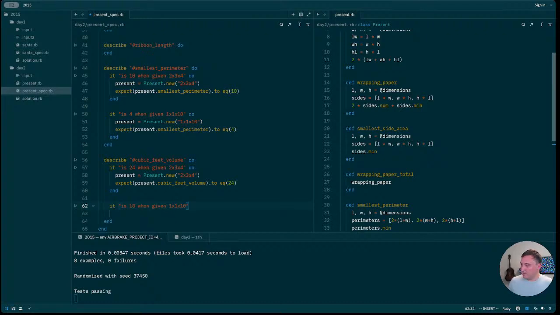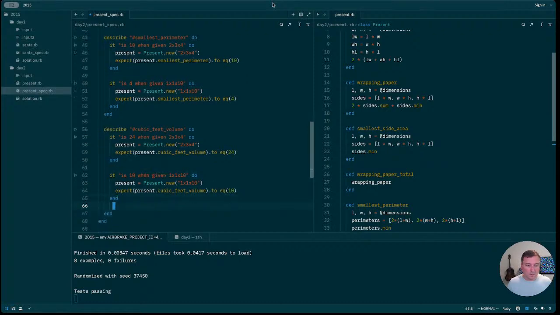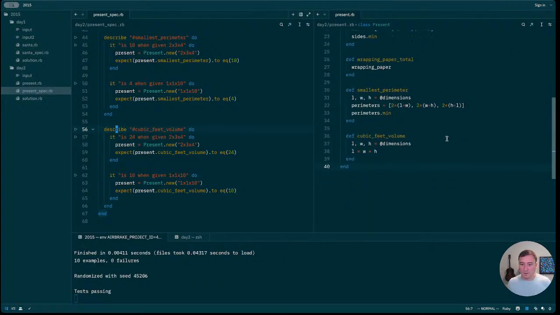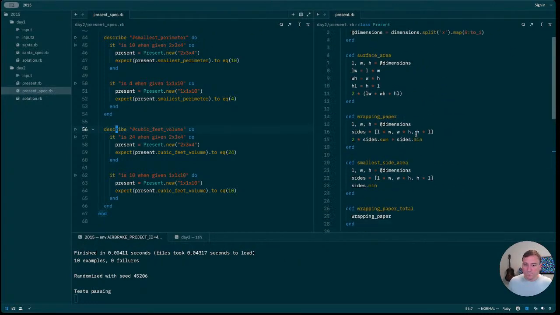Second, just want to make sure. Cool. Let's see. So given 1 by 10. Cool. And tests are failing. We've got cubic feet volume. Cool.